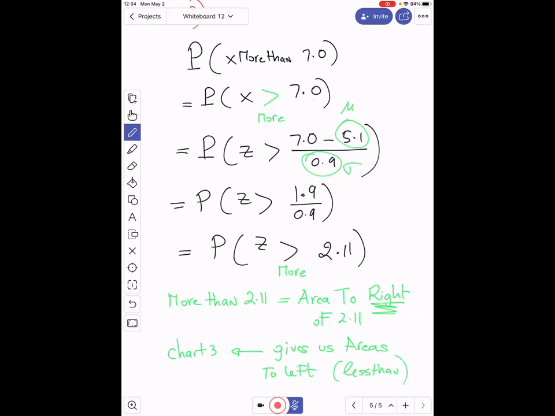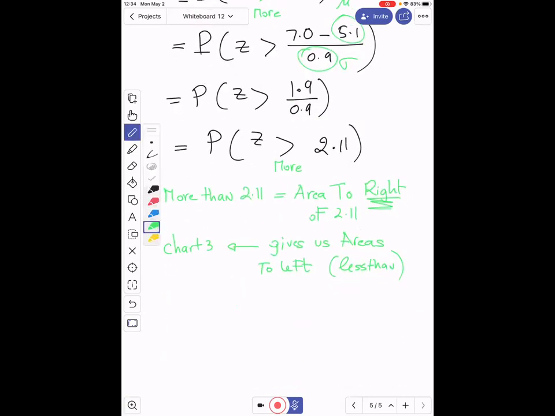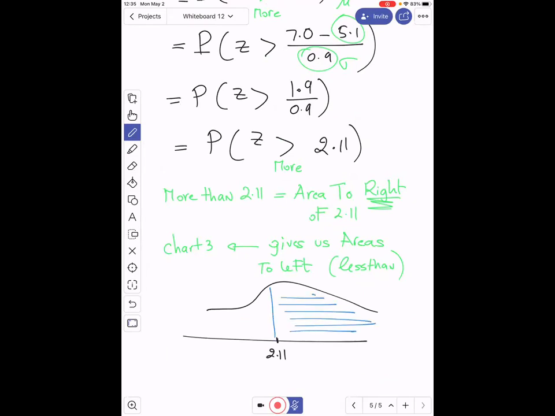Because the chart gives us the areas to the left, and here I want this area to the right because Z is more. You have your number line, this is your Z, 2.11, and this graph is your distribution. Z is more, greater than 2.11, so it's on the right side of 2.11. That's the area to the right.